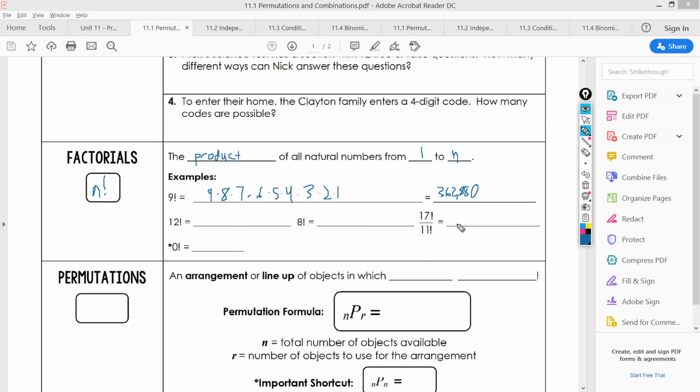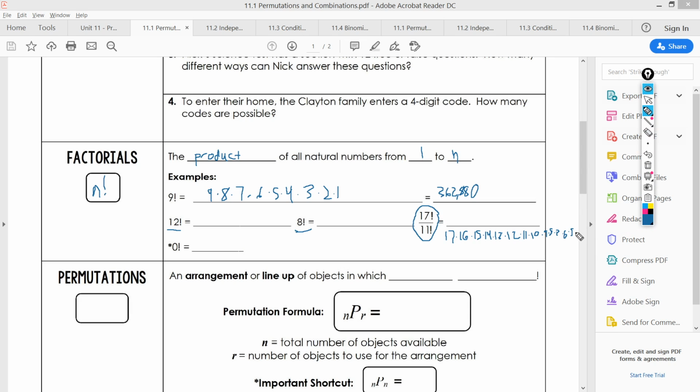I'm not going to go through and do all these factorials. I'll talk about 17 factorial over 11 factorial conceptually, because it's just typing things in a calculator. There's no reason to go through and do these. Waste of time. Well, what's 17 factorial? That's 17 times 16 times 15 times 14 times 13 times 12 times 11 times 10 times 9 times 8 times 7 times 6 times 5 times 4 times 3 times 2 times 1.